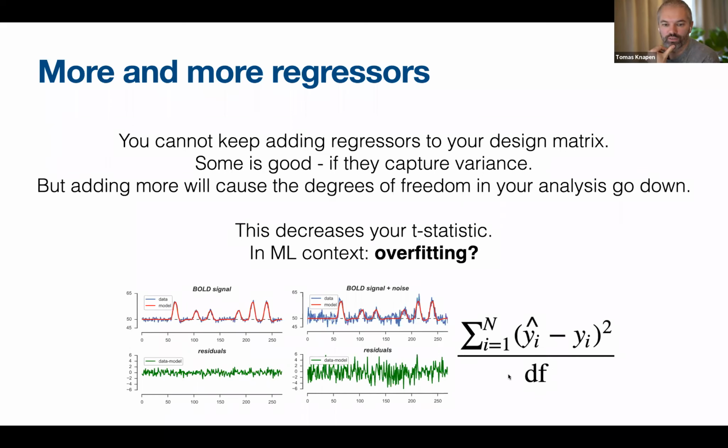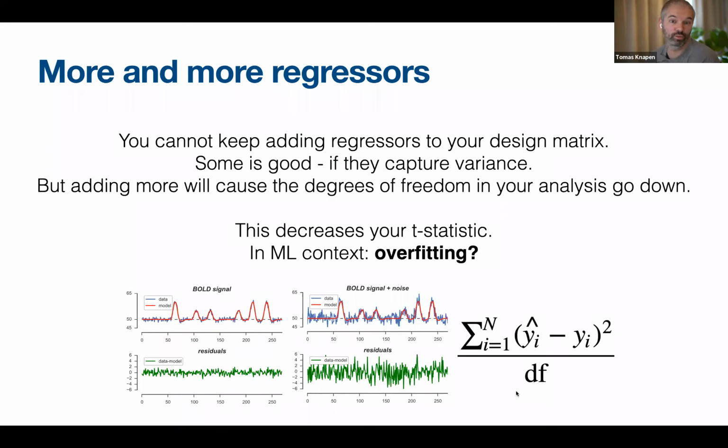Now, this degrees of freedom is composed of the number of time points in your data minus the number of regressors in your design matrix. So the more regressors you put into your design matrix, the lower the degrees of freedom, until at some point it becomes so small that this factor starts to explode, right? And there goes your t-statistic, and there goes your p-value. So there is a trade-off.